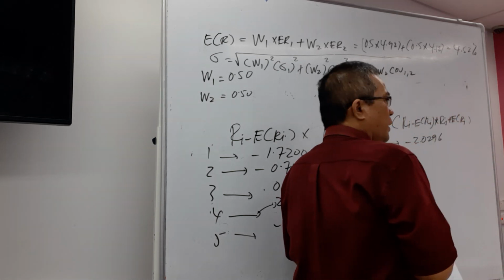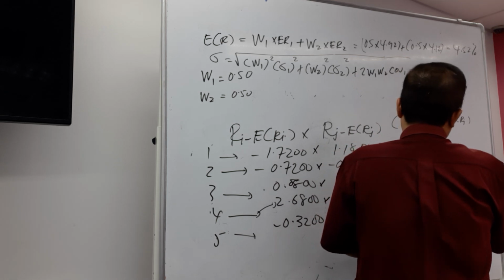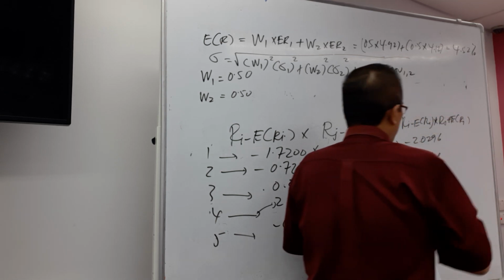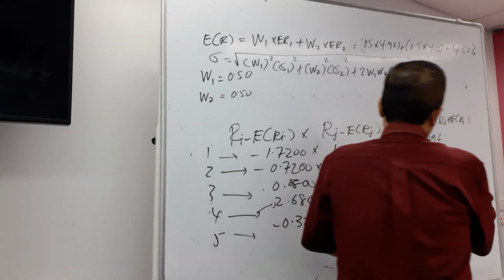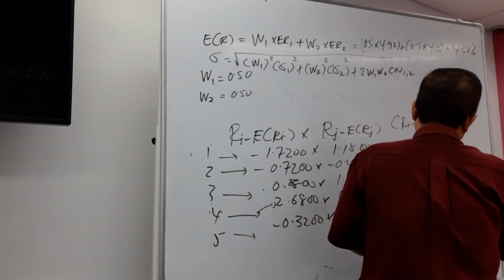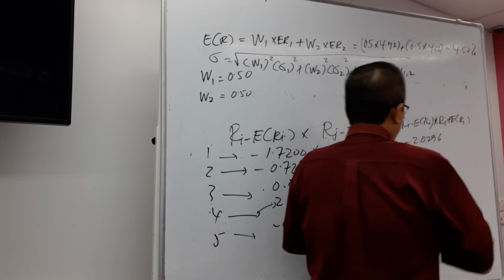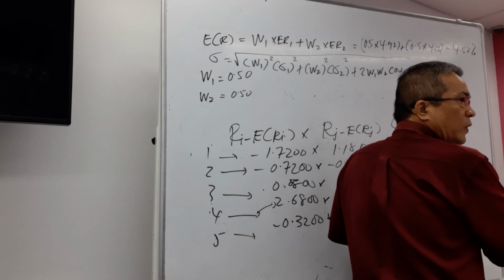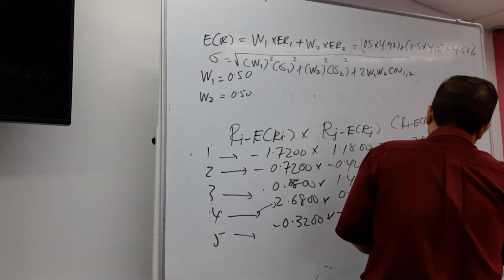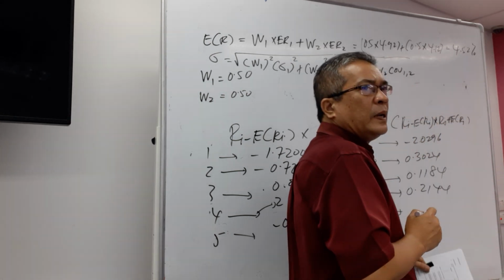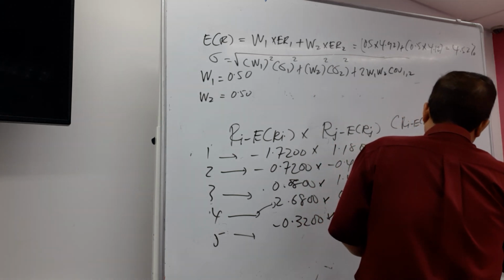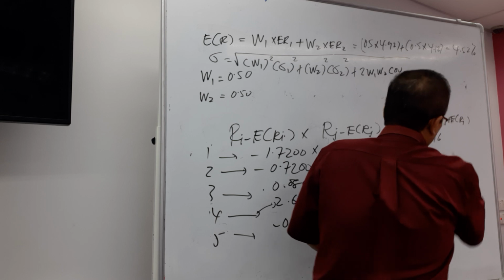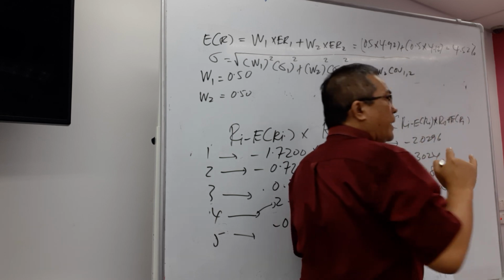Second month, 0.3024. The third one, 0.1184. The fourth one, 0.2144. And the final month, 0.774. Okay, you add up all these figures and you divide it by n minus 1.